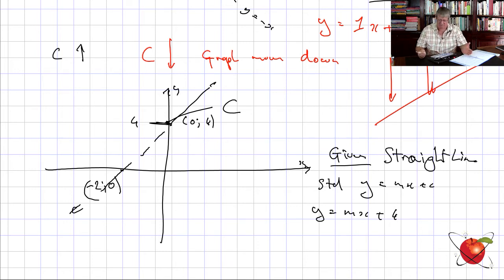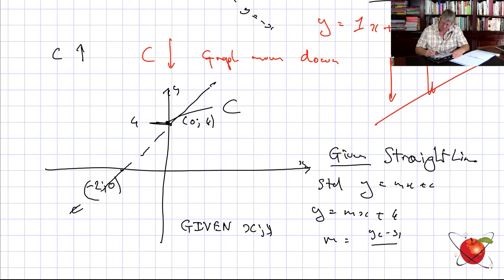How do we find m? Well, you are given two coordinates with x and y's. You know that it goes through -2 and 0. Therefore, you can say to yourself, let me see, can I work out m? m is equal to (y2 - y1) over (x2 - x1).